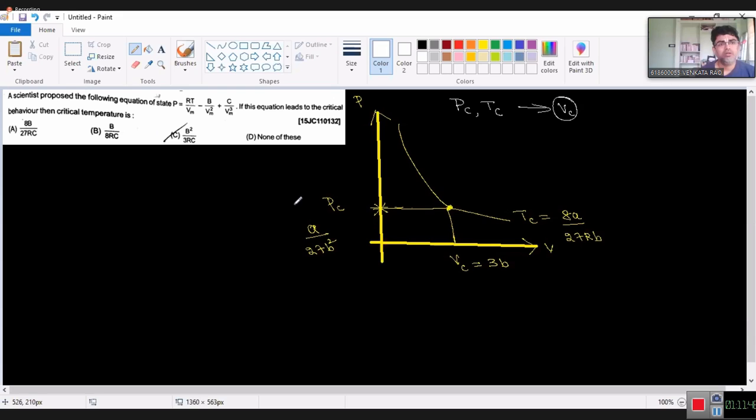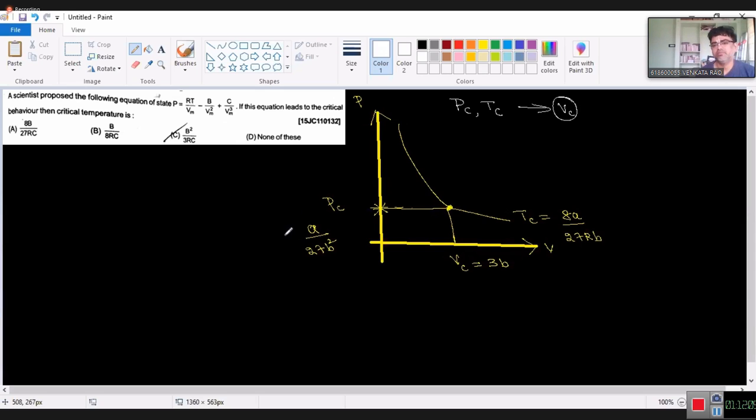Now, a scientist proposed the following equation of state: P = RT/Vm - B/Vm² + C/Vm³. Vm means molar volume. If this equation leads to critical behavior, then what is the critical temperature?